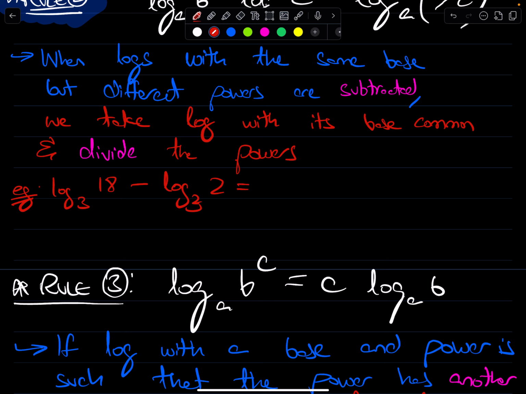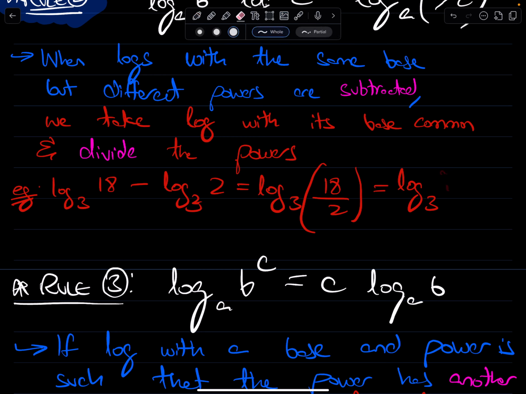So I'll take log base 3 common and then divide the powers. This will give me log 3 of 9, and we know that if 3 is raised to the power 2, we get a 9. Thus the answer is 2.